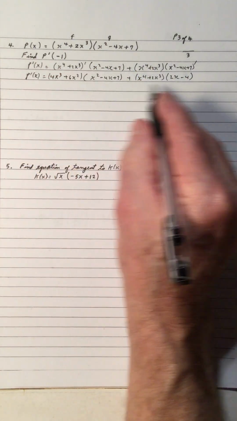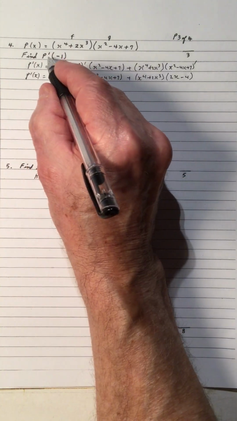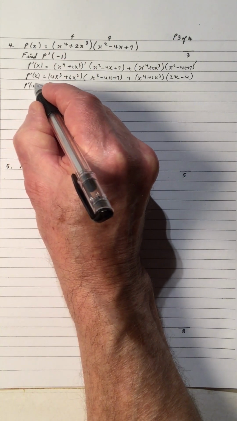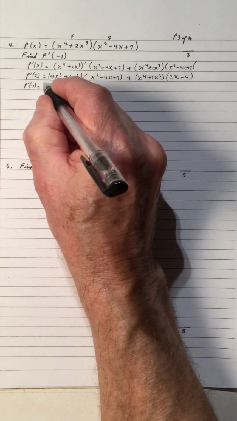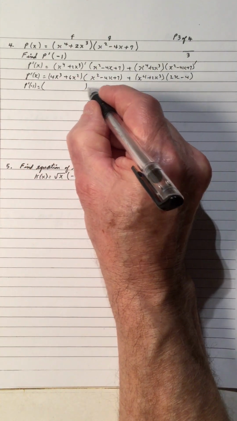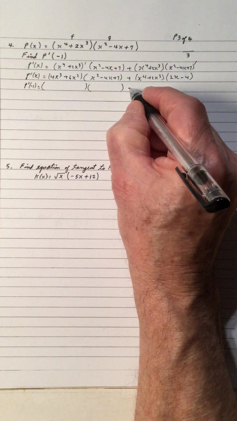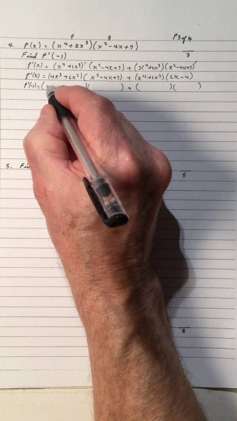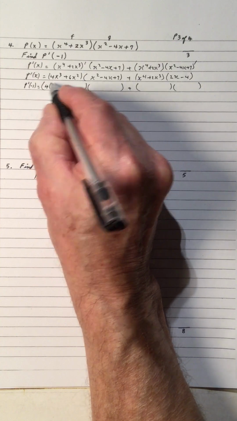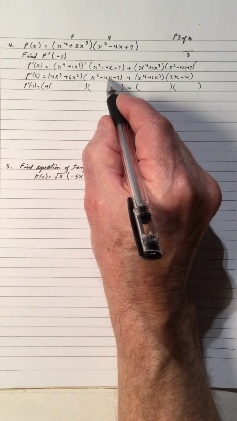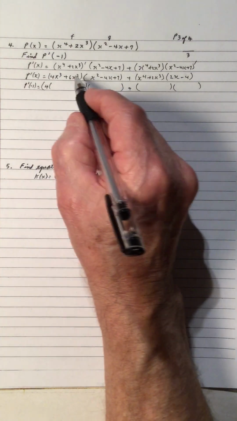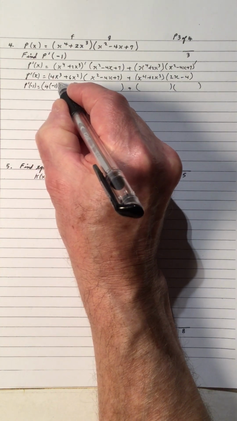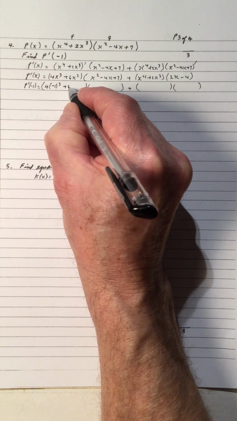Now I could multiply all that out and expand it, but I'm only doing the p prime of negative 1. So the p prime of negative 1 means that I can put a negative 1 in each of these polynomials and simplify each bracket like this. So let's put a negative 1 in here. I could, again, multiply all this out, and multiply this out and add them up, and then put a negative 1 in, but it's easier if I put a negative 1 here now and simplify each bracket first.